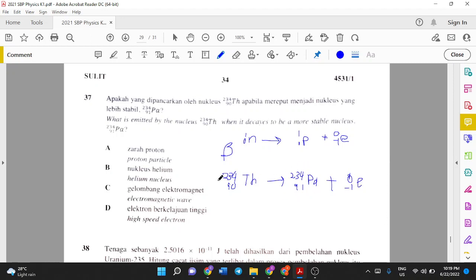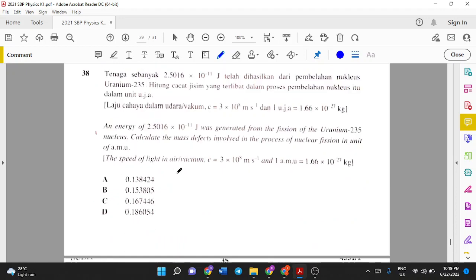You can see here that you lose 1 neutron and you add 1 proton. The neutron separates into a proton and an electron. So you add 1 more proton, but the total nucleon number remains unchanged because you lose 1 neutron and add 1 proton. So for 37, the answer will be D.